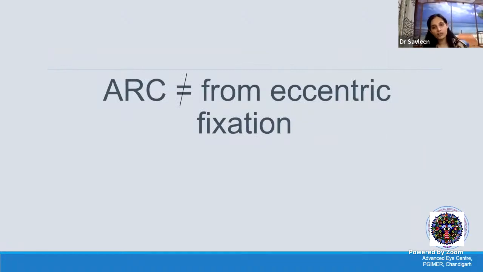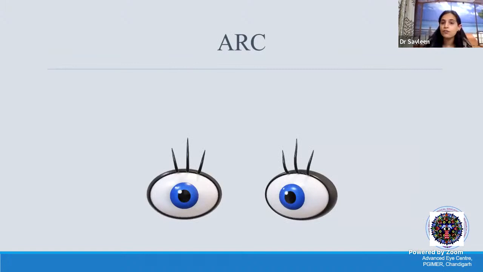So ARC is not eccentric, because a lot of residents often ask, is eccentric fixation the same as ARC, but they are totally different. So for abnormal retinal correspondence, it's a binocular state. For example, in this photograph, the right eye is normal, the left eye is deviated inwards, but the fovea of one eye is corresponding to a pseudofovea of the other eye.